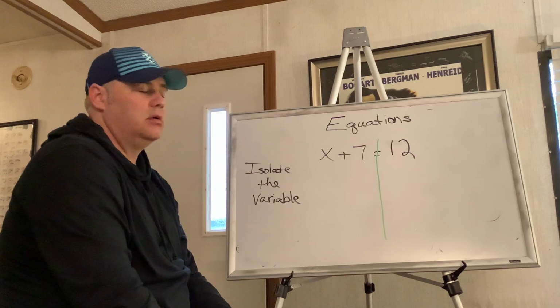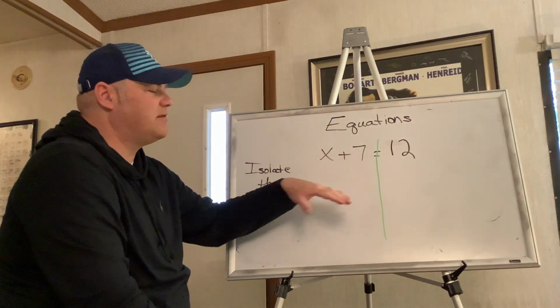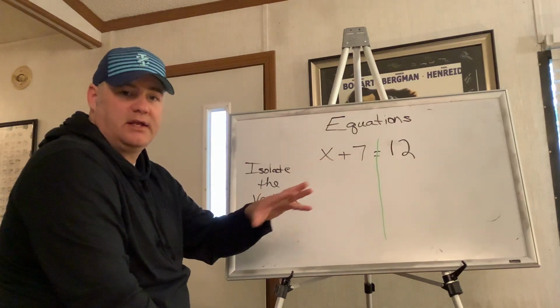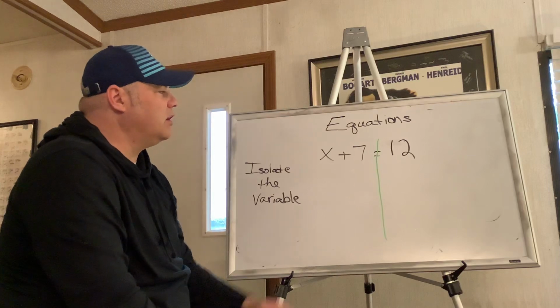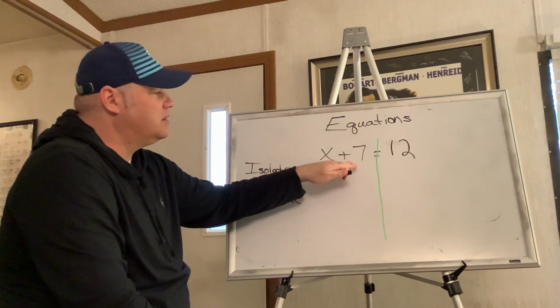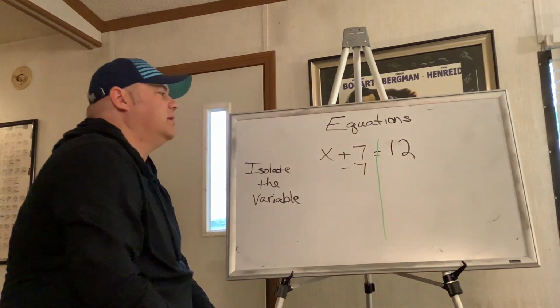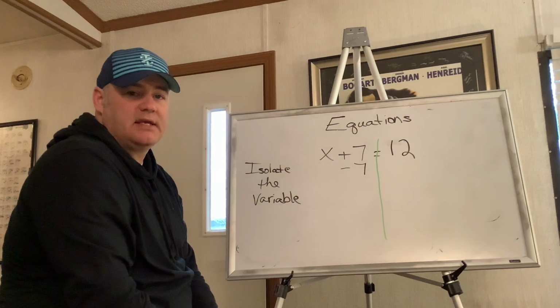Well, that's 0. And so we want to make it to where instead of x plus 7, it's gone. It's a 0. And so the only way you're going to make a 7 a 0 is to subtract 7. If we subtract 7 from 7, then we're going to get 0.